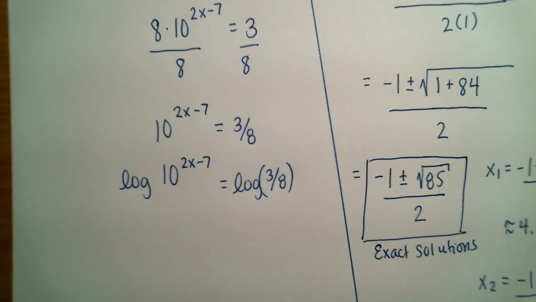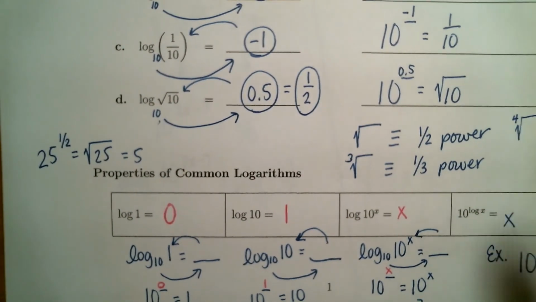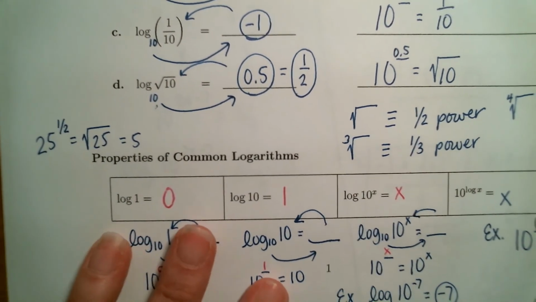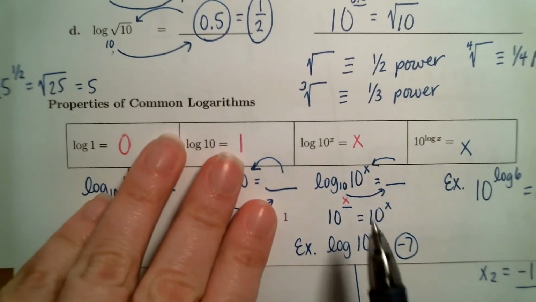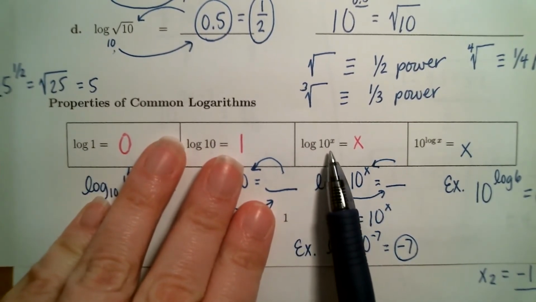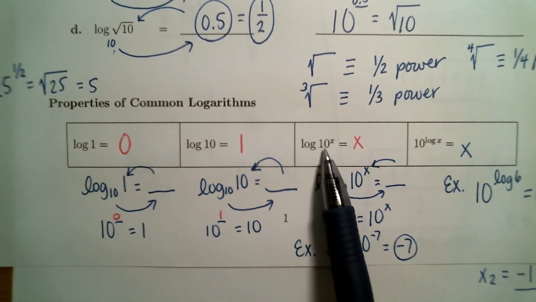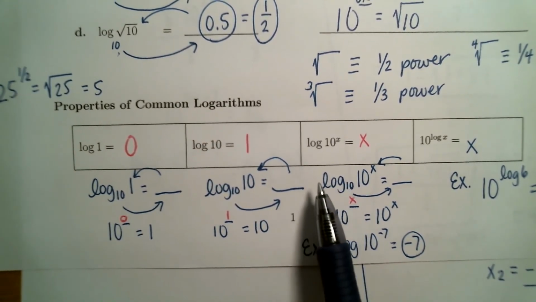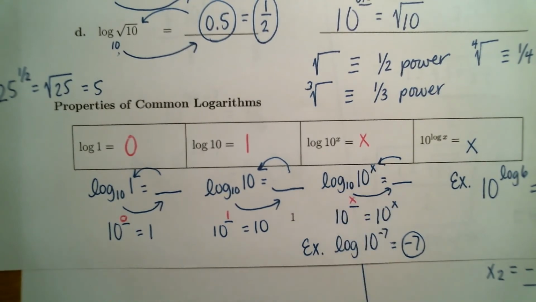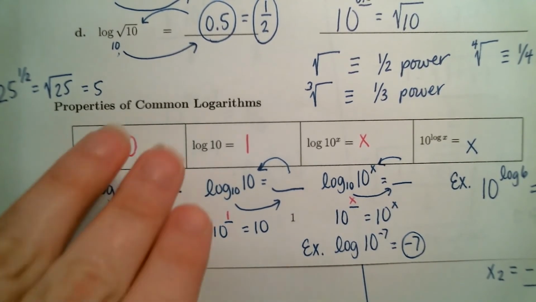I'm going to go back and show you the property we learned when we were looking at common logarithms. If you have the logarithm of 10 to a power, since log base 10 and 10 are inverses of each other, they cancel each other out and just leave you with the exponent.